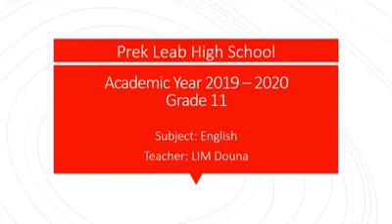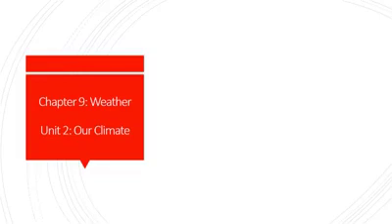So today we are going to continue our lesson from chapter 9, unit 1. So today we go to unit 2, chapter 9, weather, unit 2, our climate. So please go to your course book on page 51.